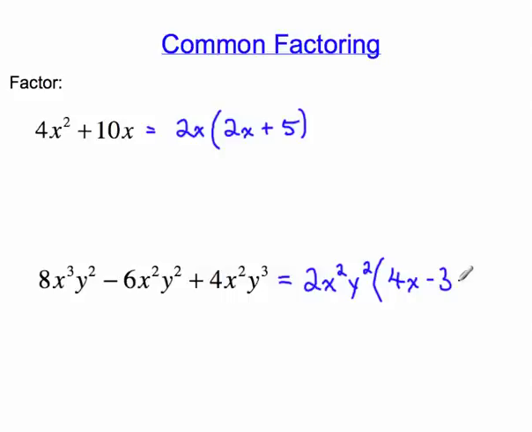And then in the last, we've got left over a 2 and a y. So that's how you would common factor that one. Okay? So common factoring, you pull out the factors that are common to everything out front, and then what's left in the brackets is what results when you've divided that common factor out of each term.